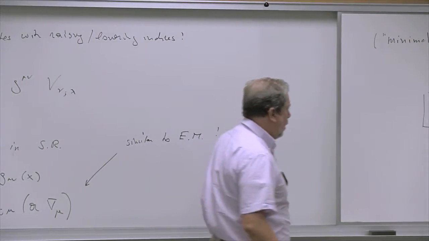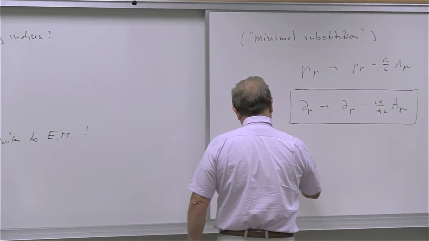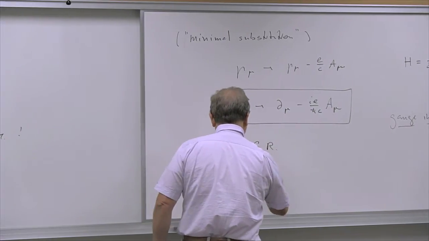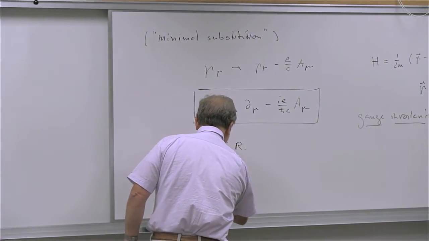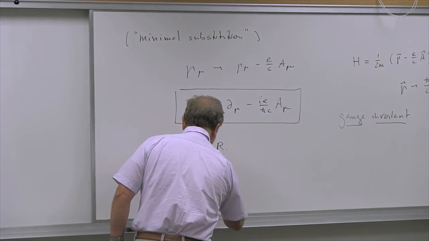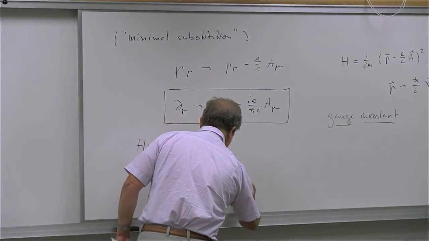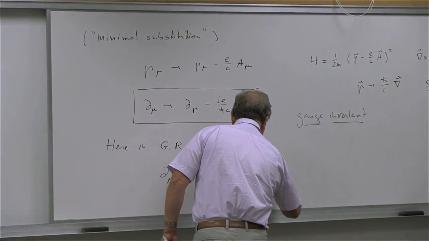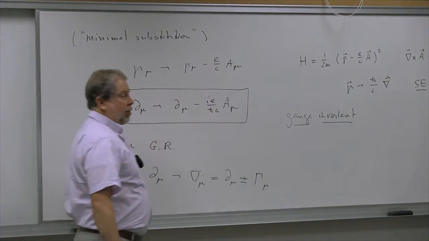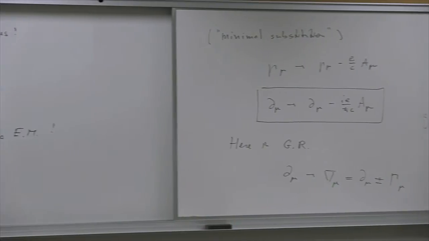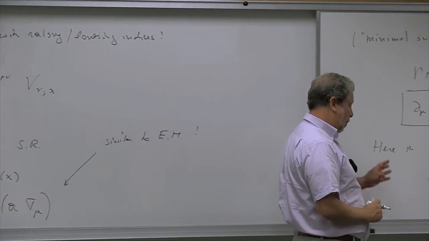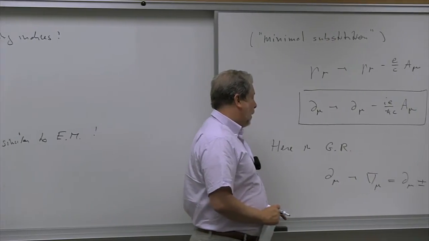And so here in GR we have something very similar, because we replace the ordinary derivative by this covariant derivative, which is the ordinary derivative plus or minus the gamma term, which has indices to it. The sign depends on whether you're talking about a covariant or contravariant vector or something maybe even more complicated.